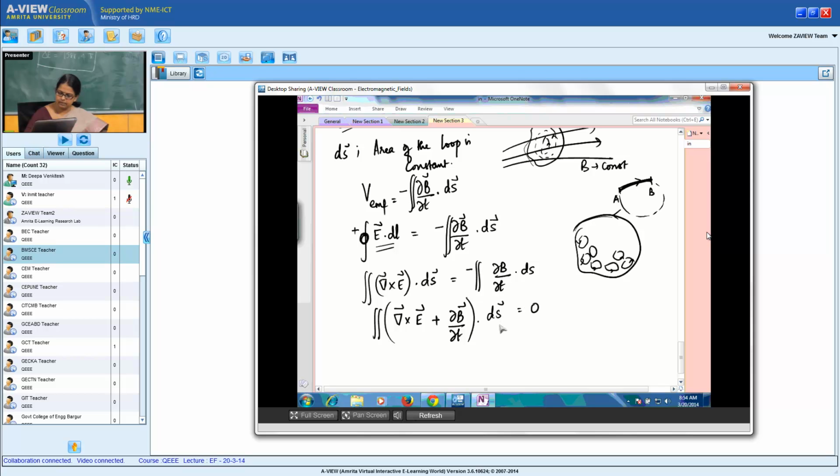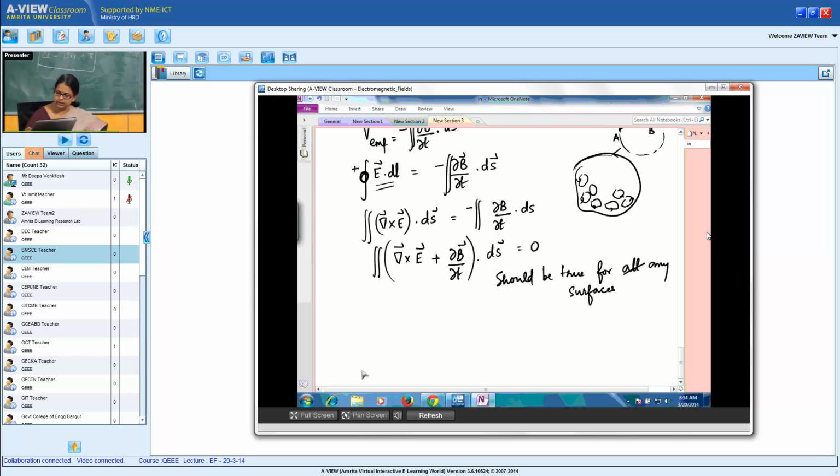is 0. Now this should be true for all surfaces that you consider, or any surface that you consider. So it should be independent of the surface.